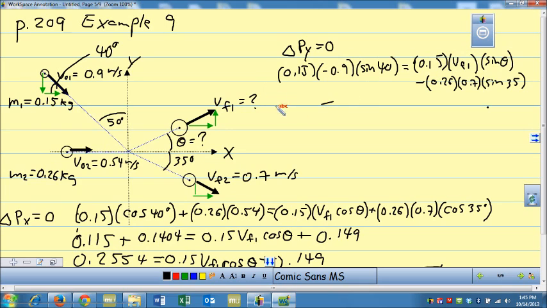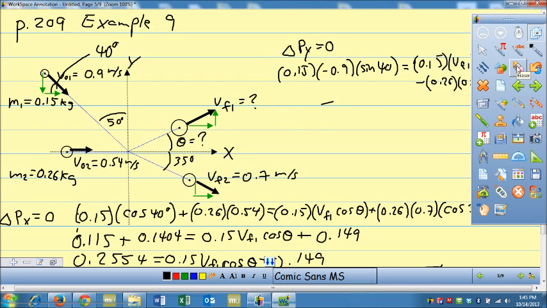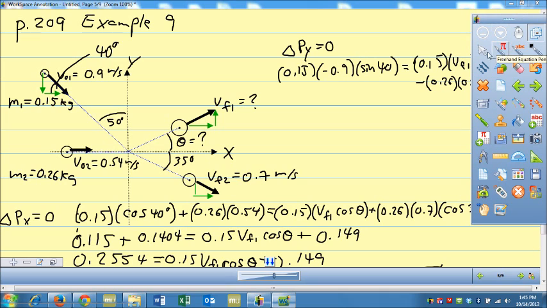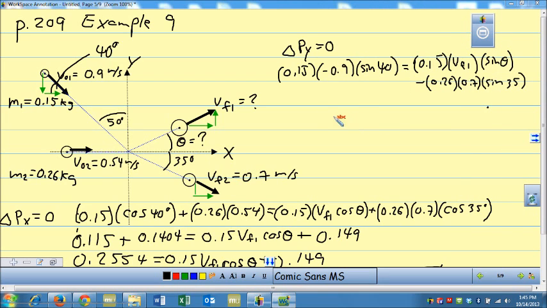So on the left here we've got negative 0.0868.